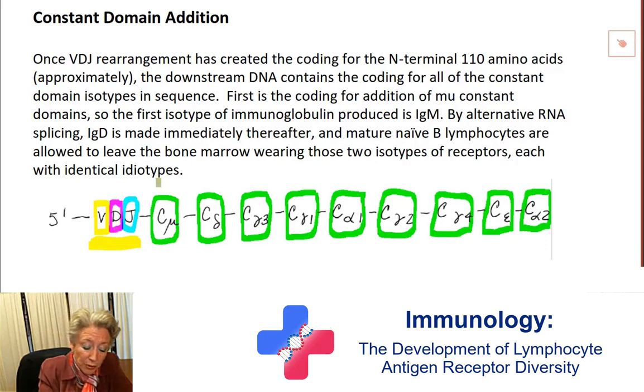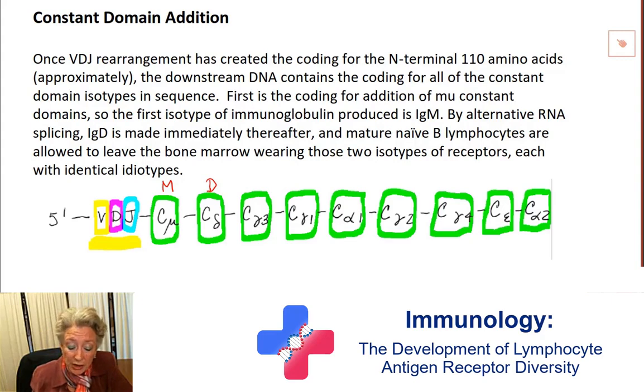As I said before, the first is going to be the one that calls for production of IgM. And as that is created at the RNA level by alternative RNA splicing, the next reading through the idiotype domains will be joined to the constant domains for delta, which will give you an IgD molecule. Now you'll notice that we don't talk a lot about IgD because, believe it or not, we still do not know what IgD does.